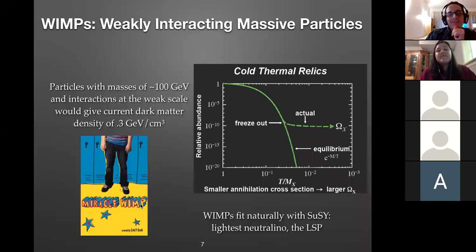And unfortunately, that very simple idea has been ruled out over 20 years ago. But it turns out particle physics isn't that simple. There are a lot more ideas that, with really common sense tweaks, still fit the idea.